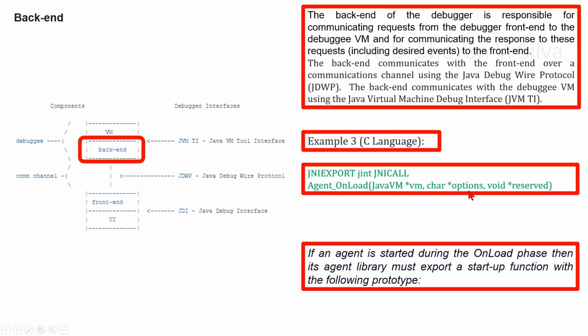If =options is not specified, a zero length string is passed to options. The lifespan of the options string is until the Agent_OnUnload or Agent_OnUnload_agent_lib_name call. If needed beyond this time, the string or part of the string must be copied.